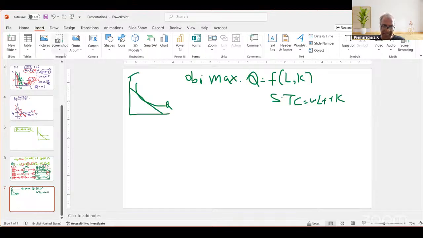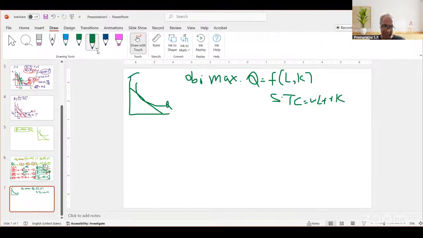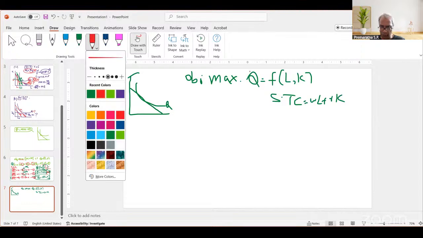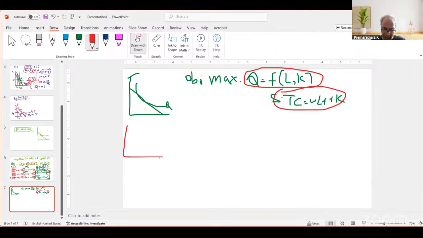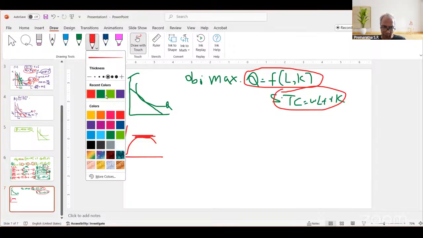There also you can see two equations, the objective function and the constraint. With a single equation you can find the optimal point, but here there are two equations, so you have to develop the Lagrangian equation.